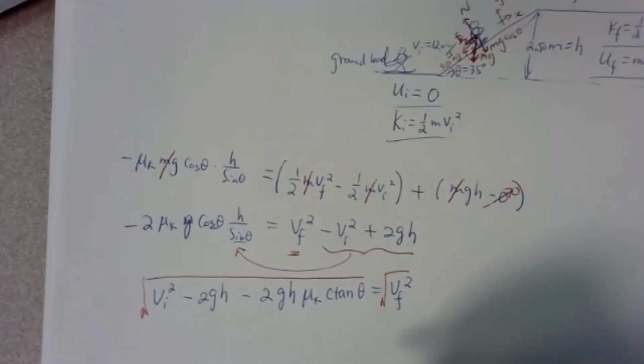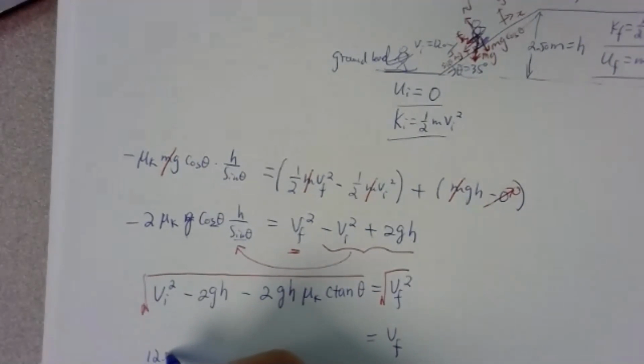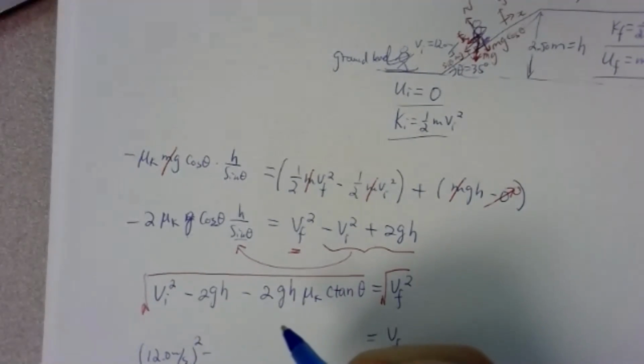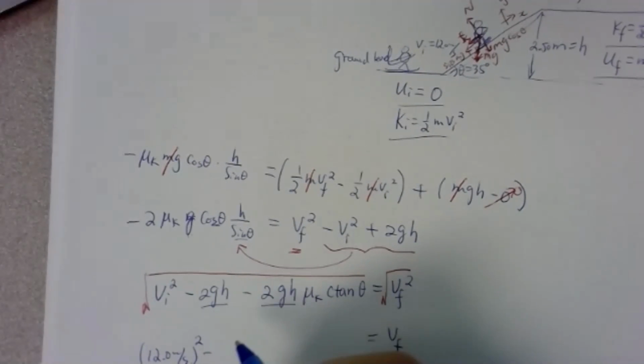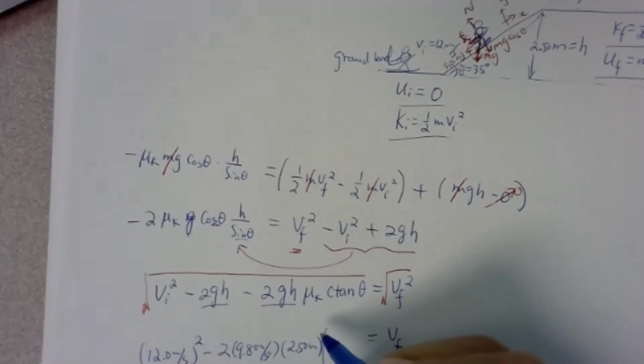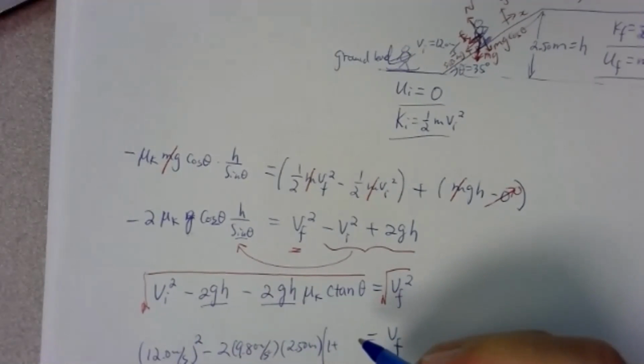After that, you can plug in your numbers. For v initial it's 12.0 meters per second, squared, minus 2gh. You can actually single out the 2gh: so 2 times g times h, 2.5 meters. Then, because the 2gh is singled out, the first term becomes 1, plus mu k cotangent.